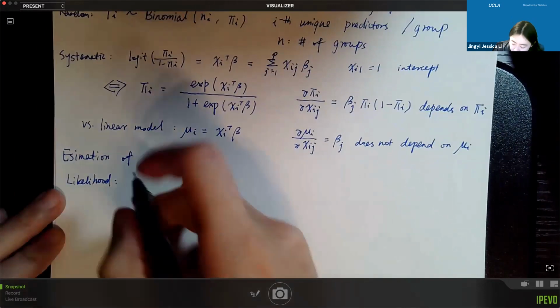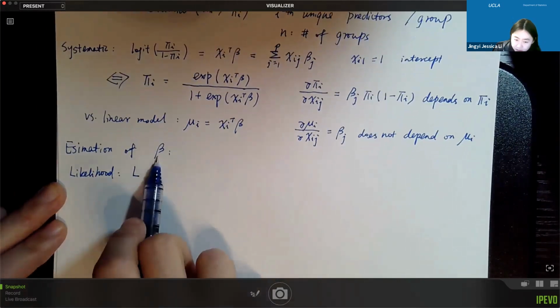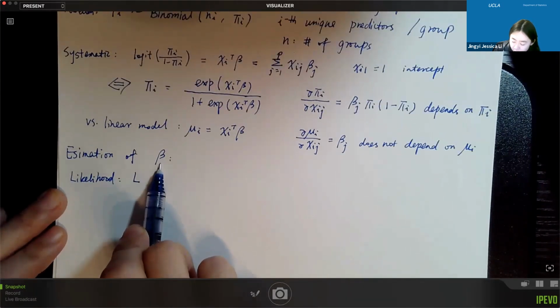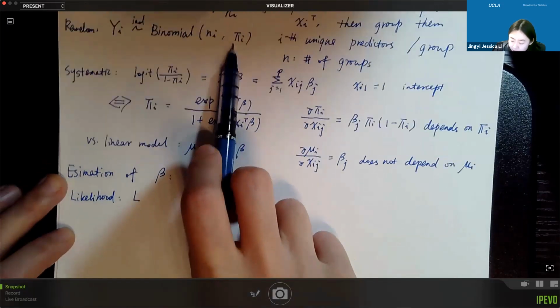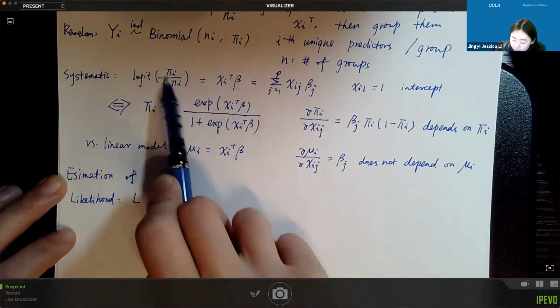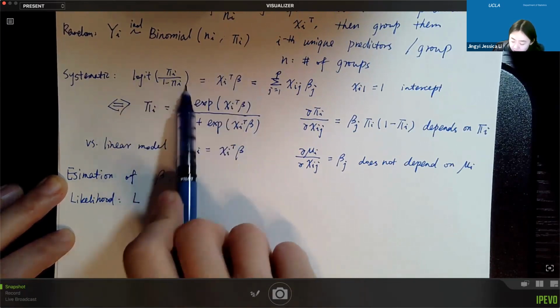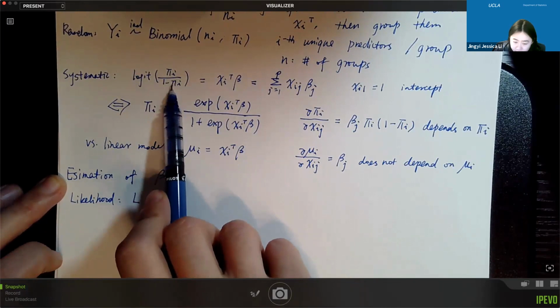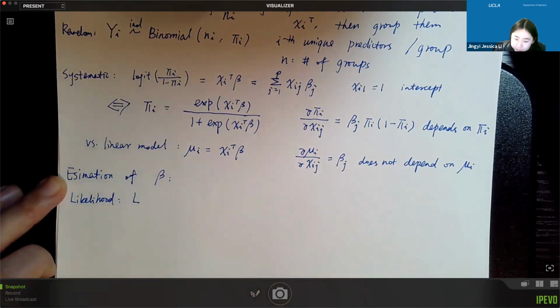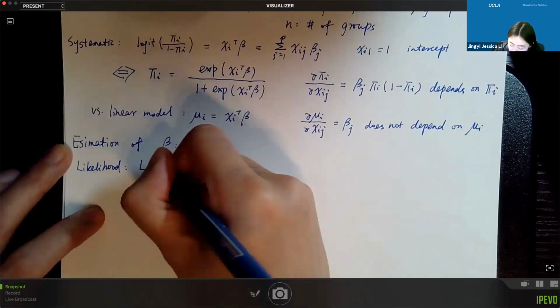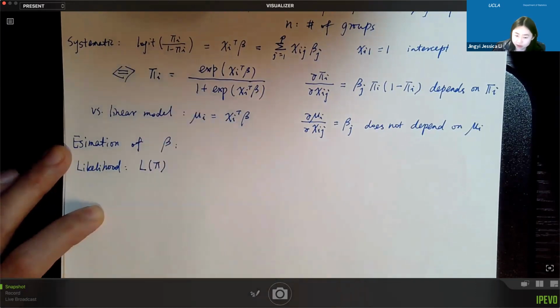So here is the likelihood for beta, right? And we know the parameter here is pi, which has a relationship with beta. So let's first write down the likelihood of pi, and then we will replace pi by beta. So first, consider pi as the parameter.